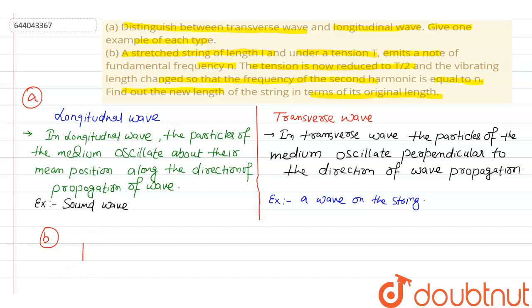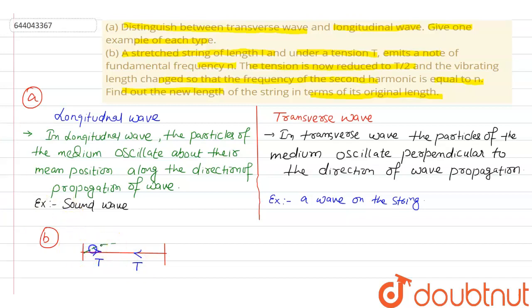Say this is our fixed support and this is the string stretched between two fixed supports, having tension T. The tension is T, and it is oscillating in the fundamental mode or the fundamental tone.